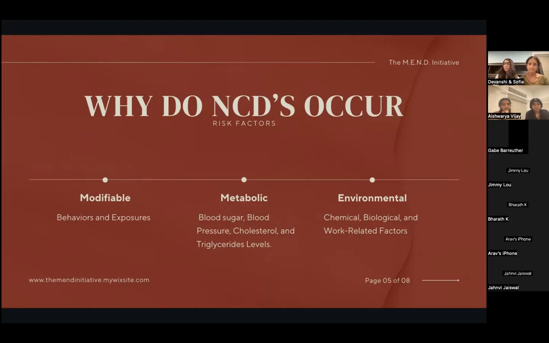Metabolic includes a lot of things relating to your metabolism, like blood sugar, waist circumference, blood pressure, cholesterol, and triglyceride levels. And lastly, environmental risk factors are based on where you're living. It has lots of sub factors to it, like chemical, biological, and work related factors that can impact your health.